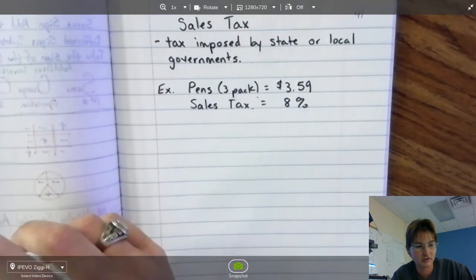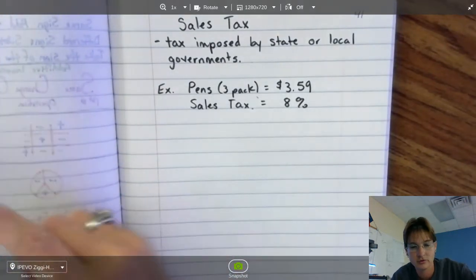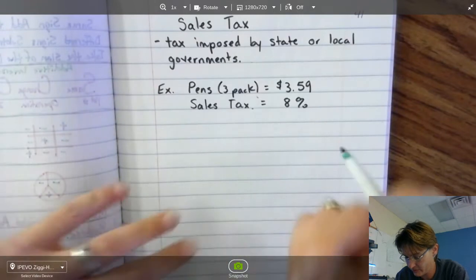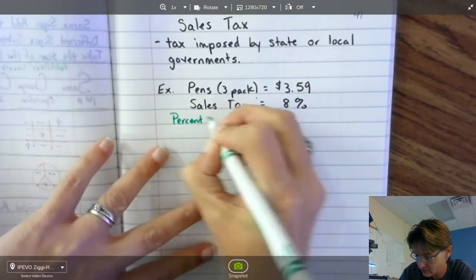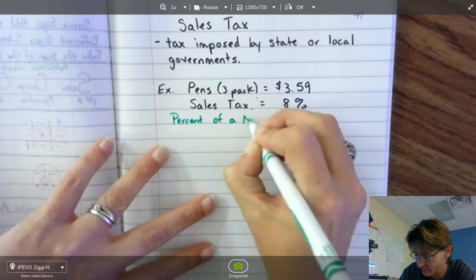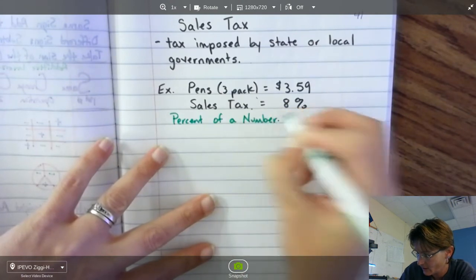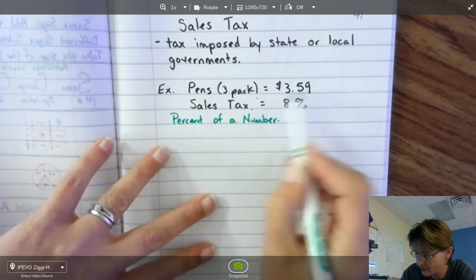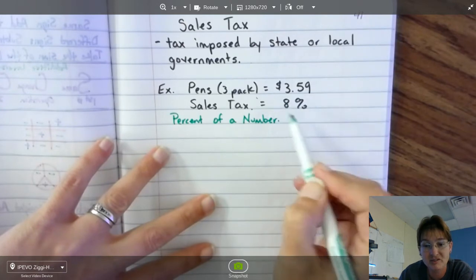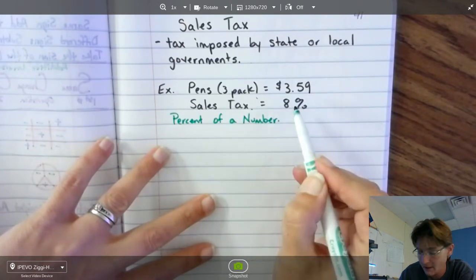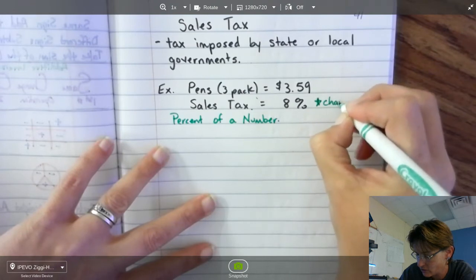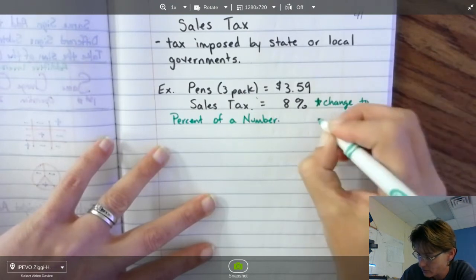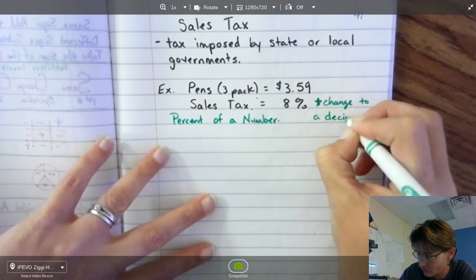In order to solve this, you are going to use what we have previously talked about called percent of a number. Basically what we're doing is we're taking the percentage, the sales tax, and we're going to change this to a decimal.